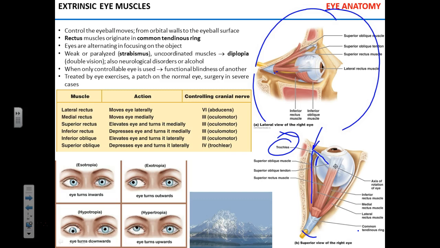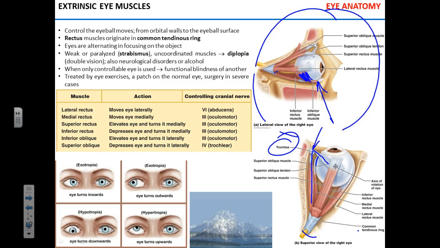You kind of pull the outside part of the eye up, so the iris, the pupil, will look down. So superior oblique out and down, and inferior oblique. Can you see the inferior oblique right here? That's inferior oblique. Inferior oblique will move the eye out and up.